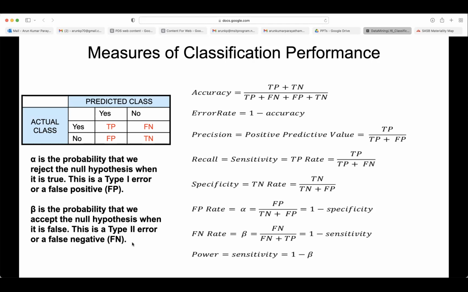If it is a fraud transaction, intrusion transaction, or terrorist activity, all those things, if you make type 2 error, they are to be predicted positive. They are to be predicted intruders, fraudsters, terrorists, like that. If your algorithm doesn't catch them, then they damage more, right? So false negative should be small there.